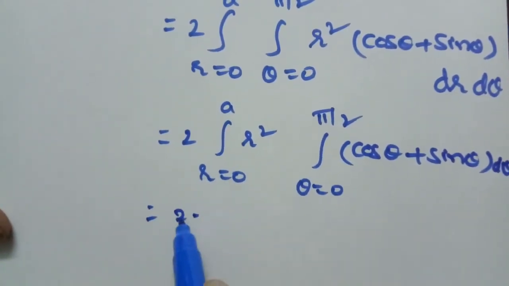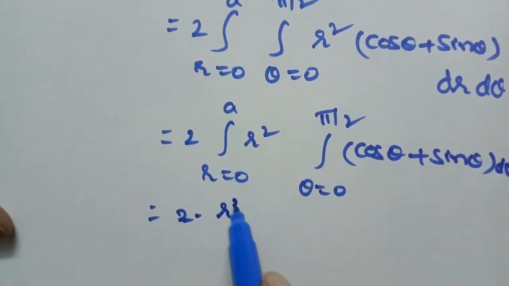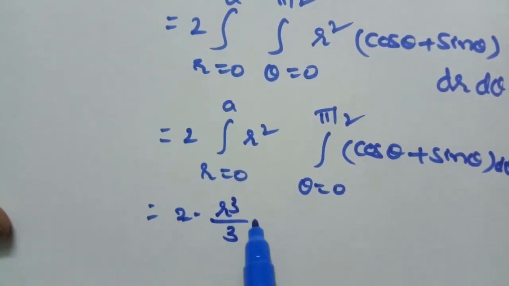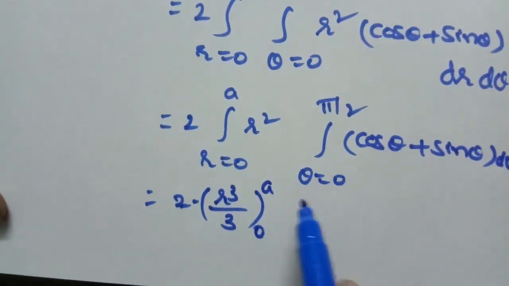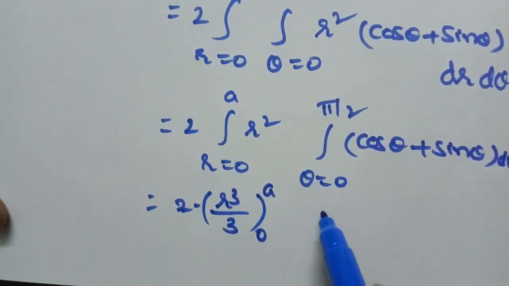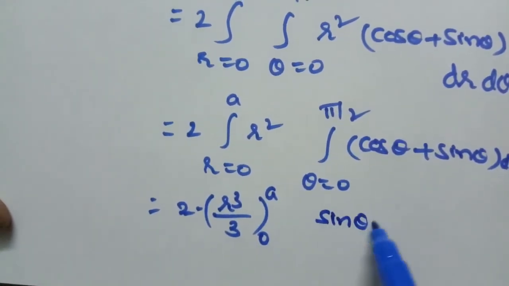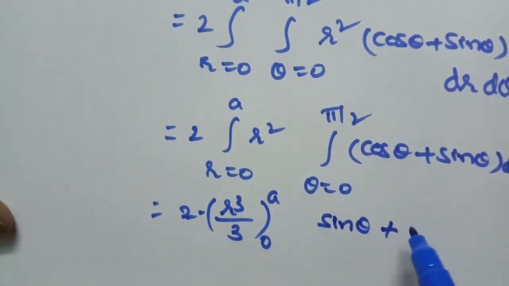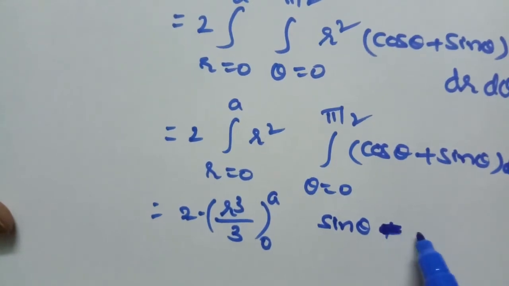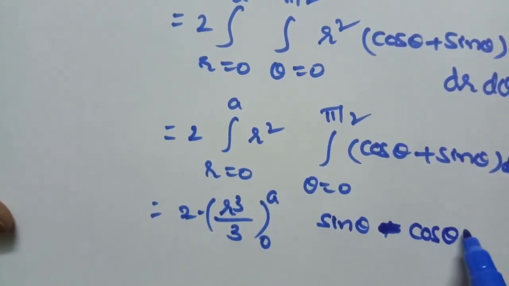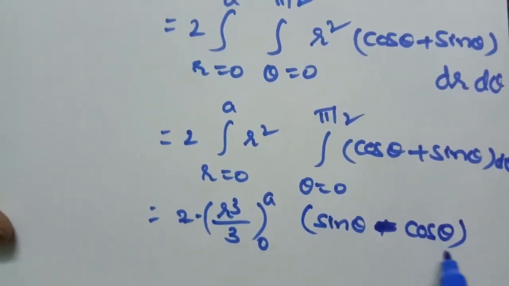r square with respect to r gives 2 into r cube by 3, limits 0 to a, and cos theta integration with respect to theta is sin theta. Sin theta integration is minus cos theta, theta limits 0 to pi by 2.